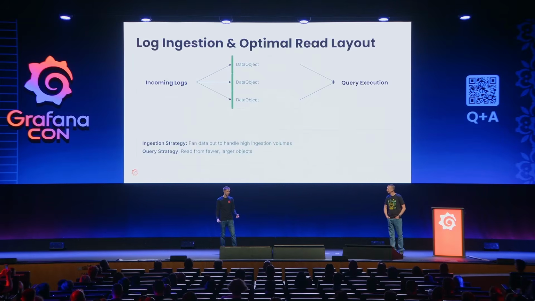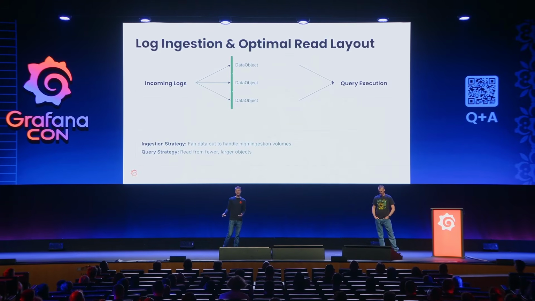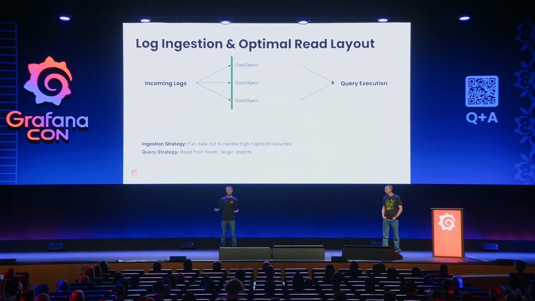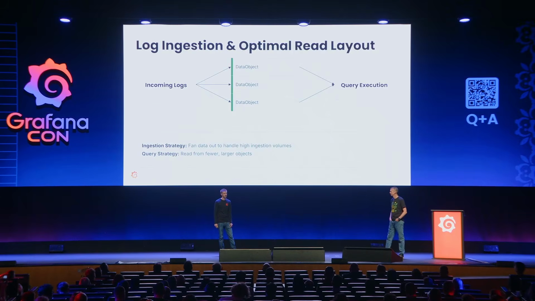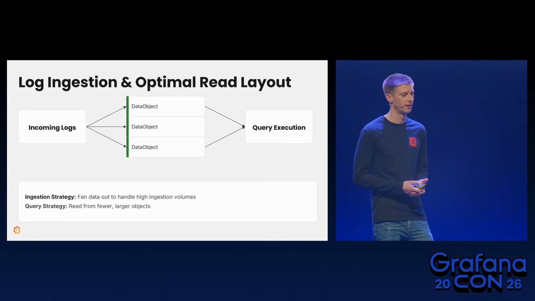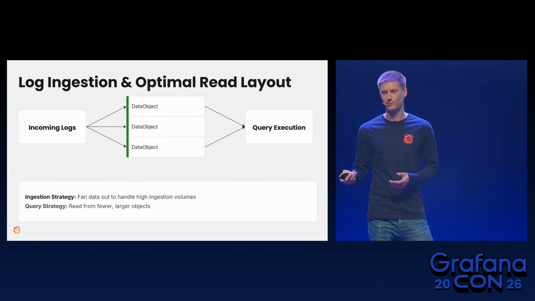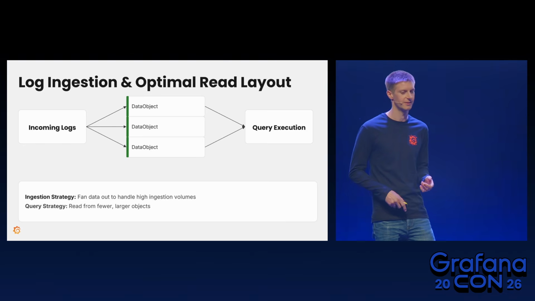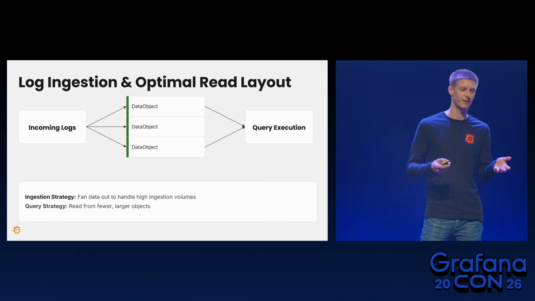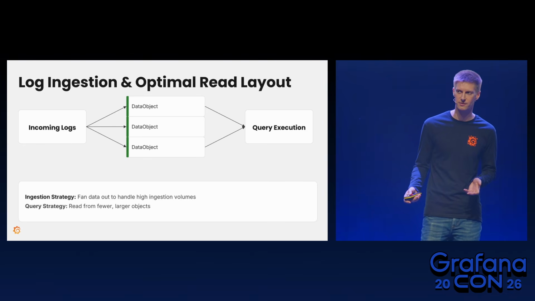Yeah, another area we're still working on is the log ingestion and defining an optimal read layout for the log data. One of the big things we wanted to solve with data objects was avoiding a lot of small reads from a lot of objects. Unfortunately, if you're not careful, we still have that problem in data objects. And that kind of starts naturally at ingestion time.